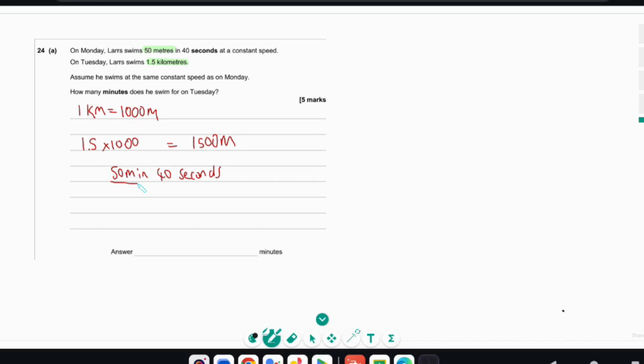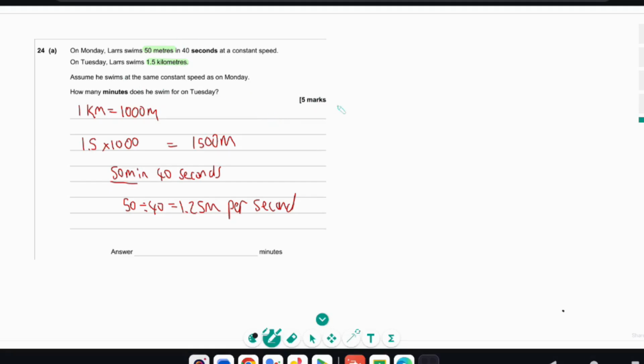If I divide it by 40, it's going to tell me the distance he goes in 1 second. So 50 divided by 40 is 1.25 metres per second. So that's his speed, basically. We've worked out the speed there.